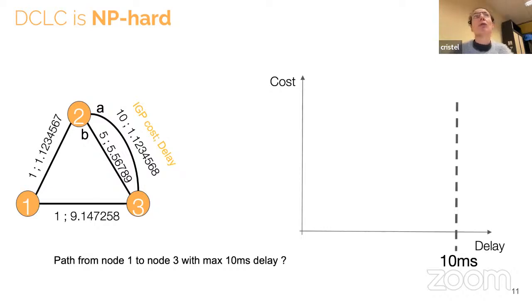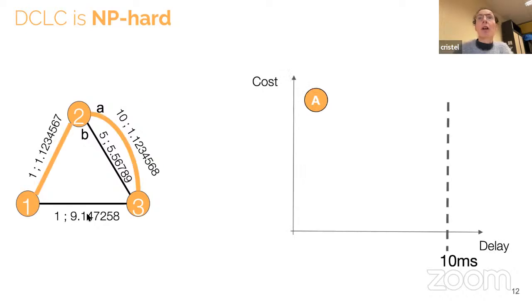If you want to compute the least cost delay constrained path, you'll have to compute a set of possible paths and determine which one meets your constraints and which has the least IGP cost. For example, here you have multiple paths between 1 and 3. The first one is via 2, taking the interface A on node 2, and will have a very high cost, a cost of 11, but very low delay, as you can see on the graph on the right.